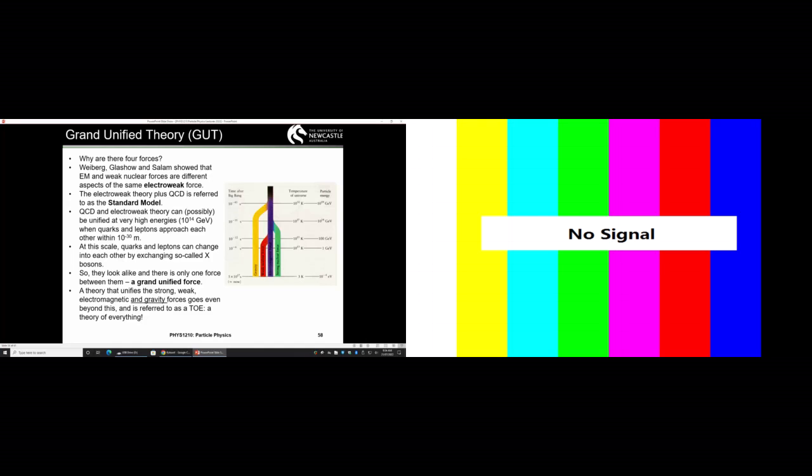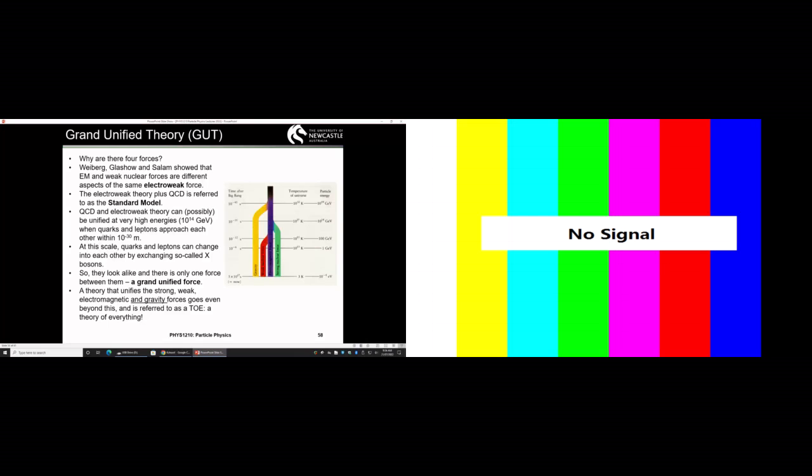Now, so far, it turns out that we were able to show that the weak nuclear force and the electromagnetic force are actually really the same thing, or that one is a manifestation of another, in the same way that you could think of lots of different forces, like, I don't know, frictional force.